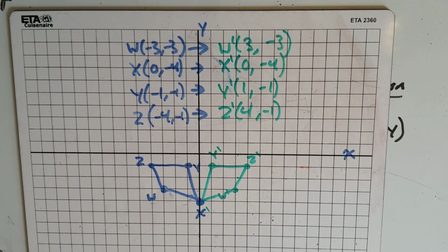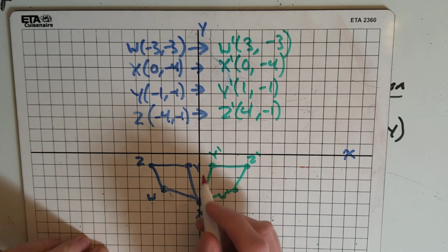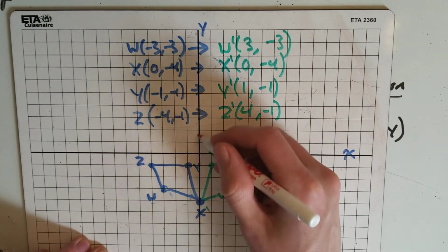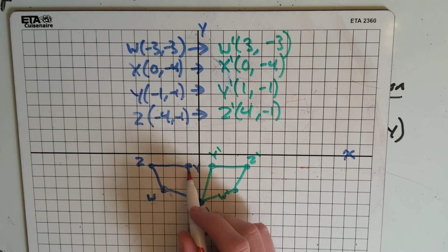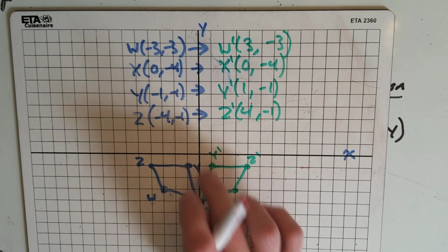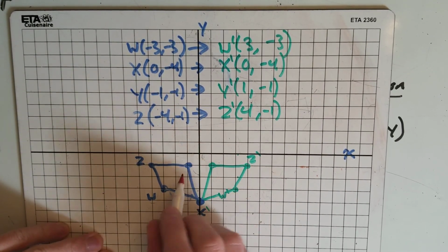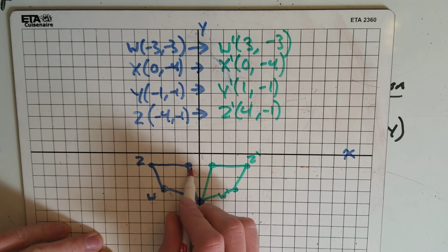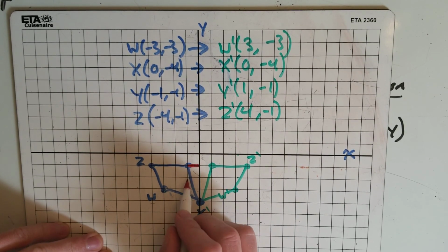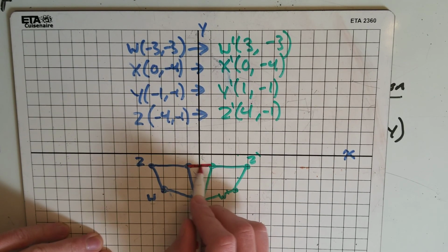Another way to think about this: something that's true with reflections is that, whatever your line of reflection is, your pre-image and image are both going to be the same distance away from it. Y was 1 unit away from the line of reflection, so over here you're going to be 1 unit away.